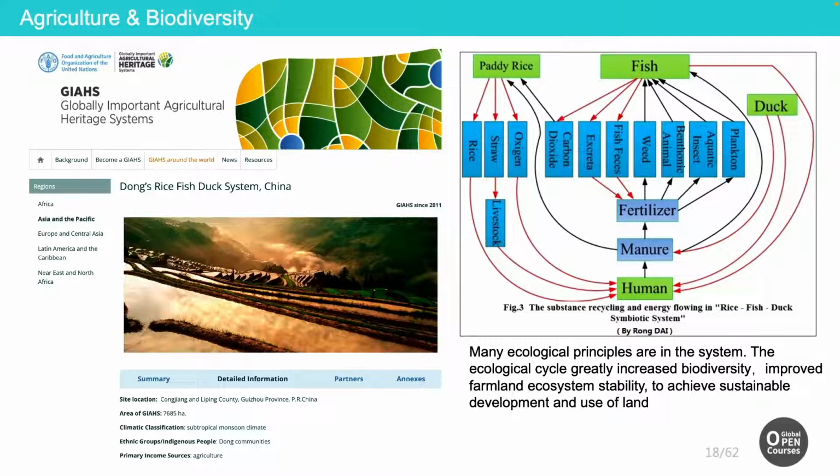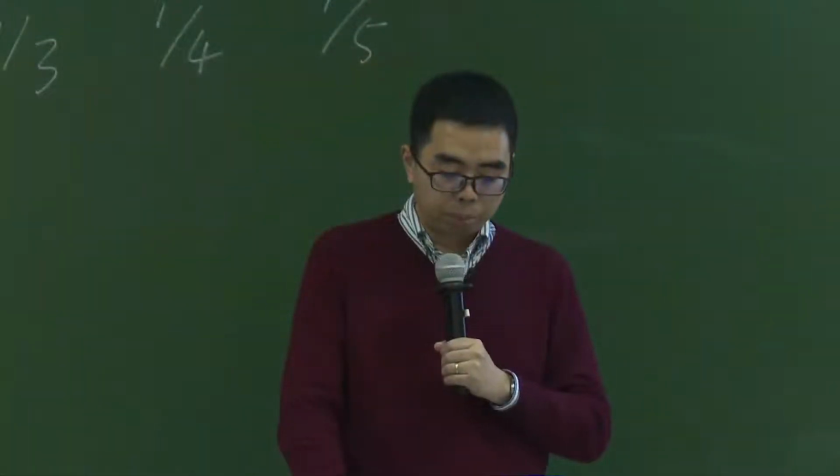Let me show you an example of biodiversity-friendly agriculture in China, the rice-fish-duck system. As one of the outstanding representatives of Chinese traditional mountain agriculture, the rice-fish-duck agro-ecosystem can date back to the Eastern Han Dynasty. Over thousands of years, this farming practice has been handed down by the Dong people of southwest Guizhou.